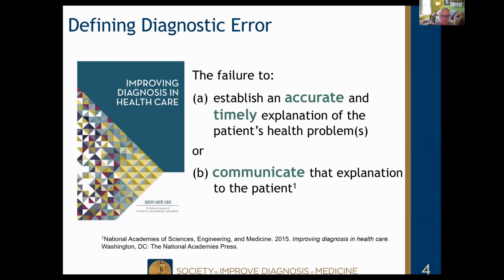Communicating is an integral piece of appropriate, accurate diagnosis. And it also needs to be timely. So delays in diagnosis can be just as problematic as having the wrong diagnosis at all. So it's really all three of these pieces, and you're going to see this definition show up again when Jerry talks about what exactly the common format is designed to tackle.